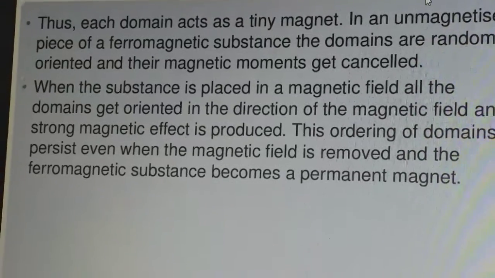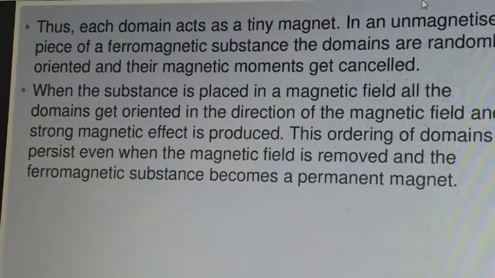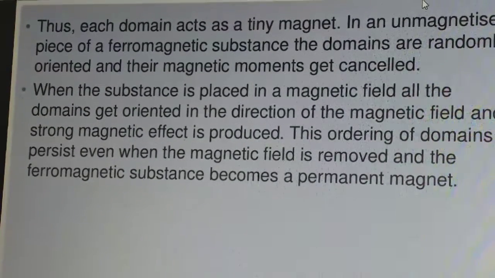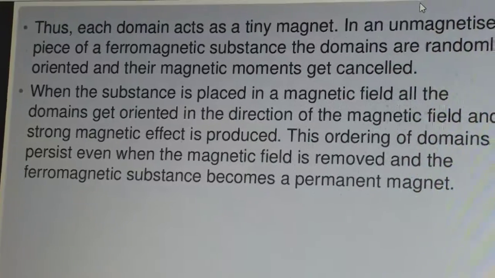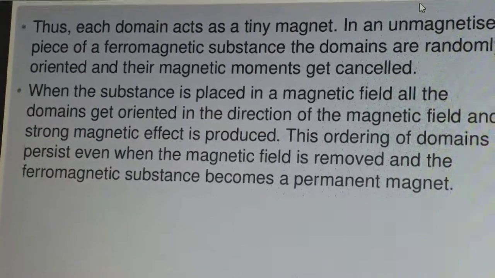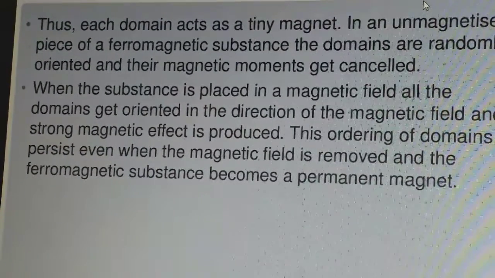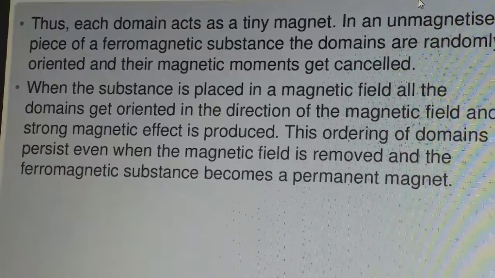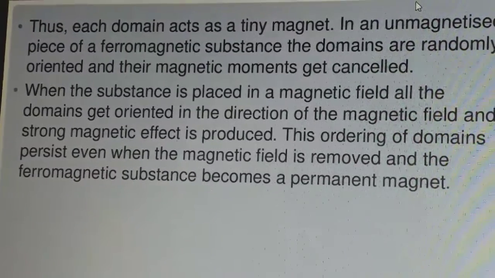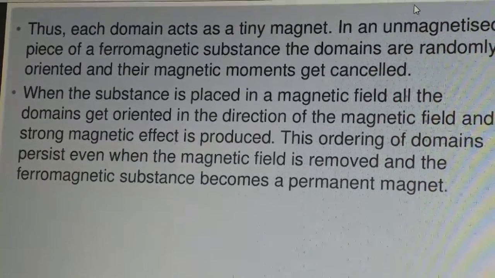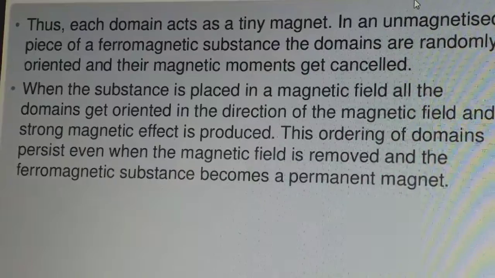But when the substances are placed in a magnetic field, all the domains get oriented in the direction of the magnetic field and a strong magnetic effect is produced. This ordering of domains persists even when the magnetic field is removed, and the ferromagnetic substance becomes a permanent magnet.